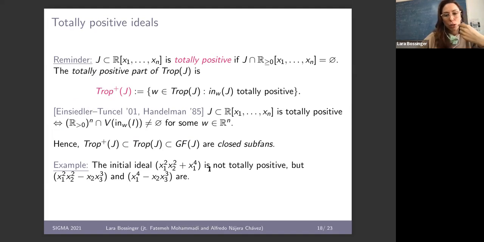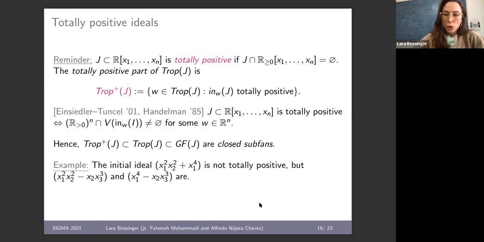The first one is not totally positive, that's easy to see. The other 2 are, and the easiest way to see this is maybe to apply this result by Einsiedler-Tunkel-Handelmann and see that we can degenerate both further or take initial forms of both so that just the monomial survives. And then this condition is obviously satisfied.